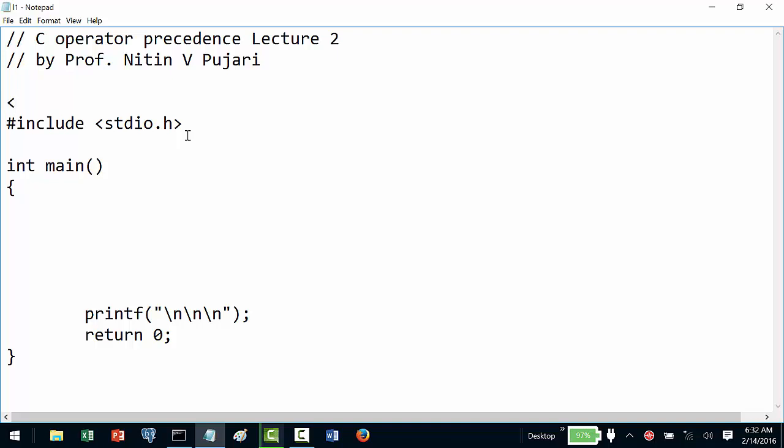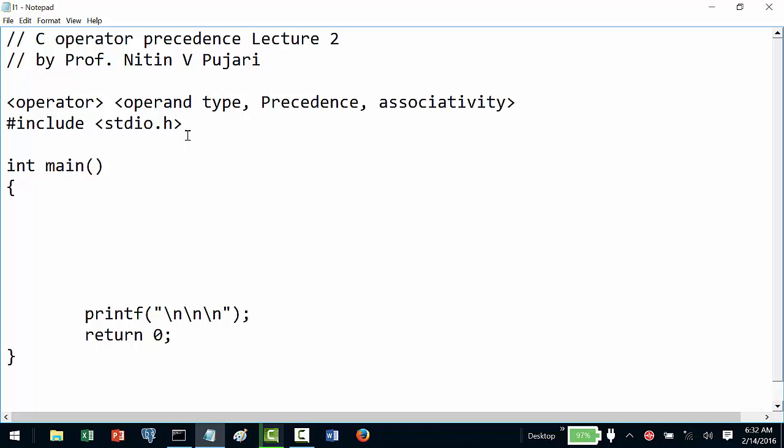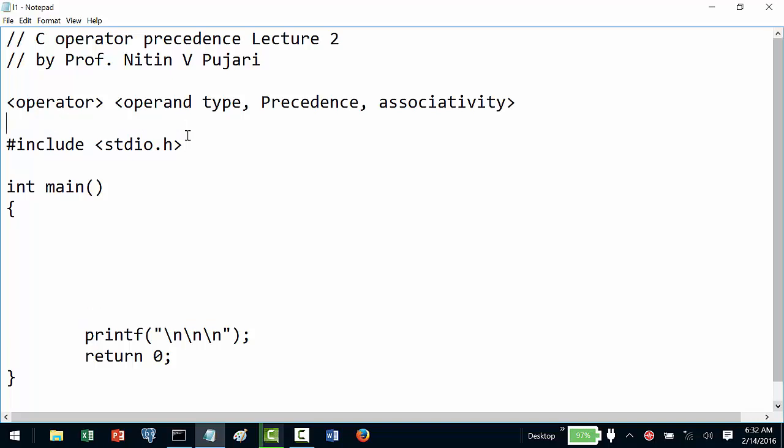The first thing, whenever we look at an operator, the operator has to be discussed with something called its operand type, then its precedence, and something called associativity. These are three important terms that we have to look at.